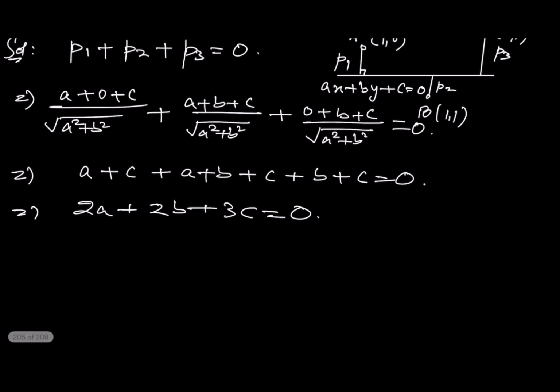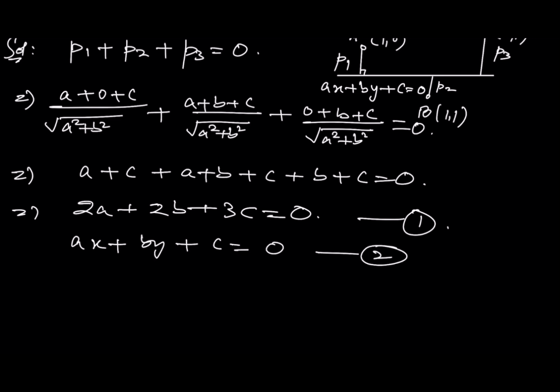And if this is line 1 and the given line ax plus by plus c is equal to 0 is line 2, if lines 1 and 2 are identical, then what? 2 upon x is equal to 2 upon y is equal to 3 upon 1, right?